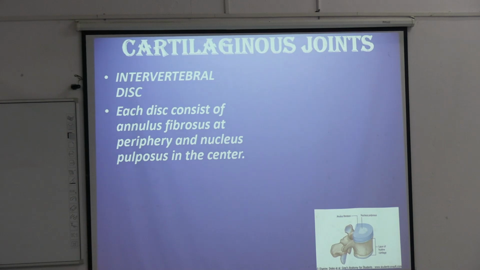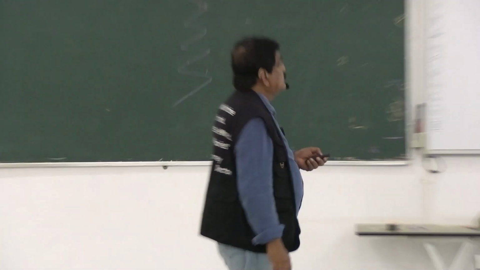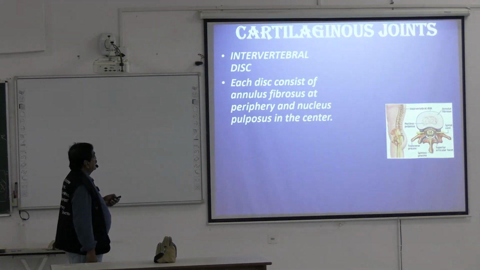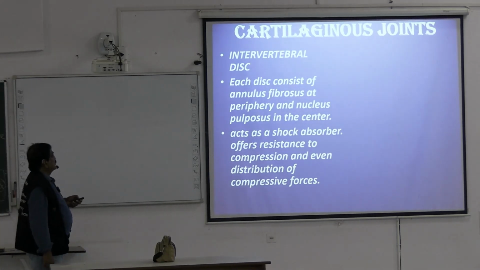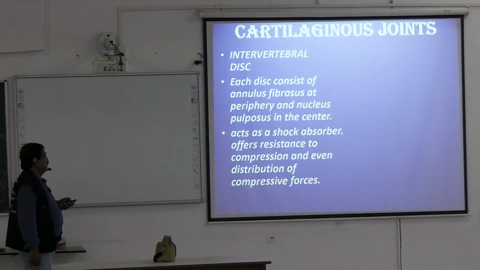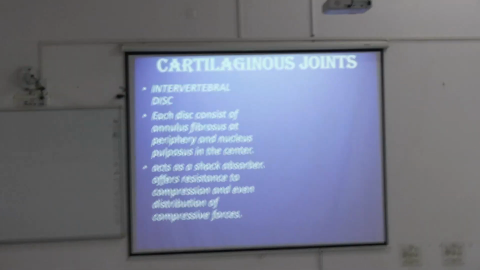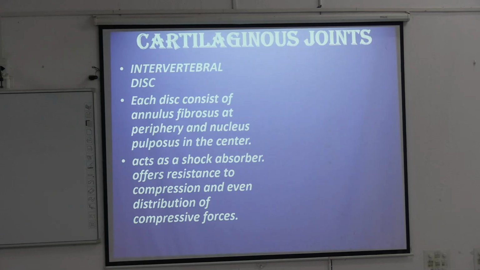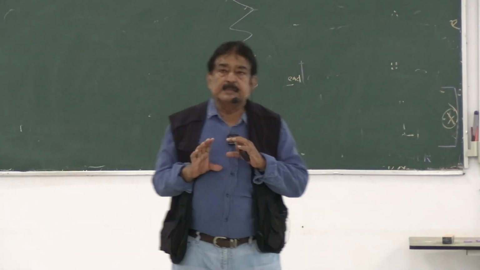Between the two vertebrae, it is a cushion-like cartilage. It acts as a shock absorber, offers resistance to compression and even distribution of compressive force, until you have a very big trauma. Actually, nature tried to protect you.